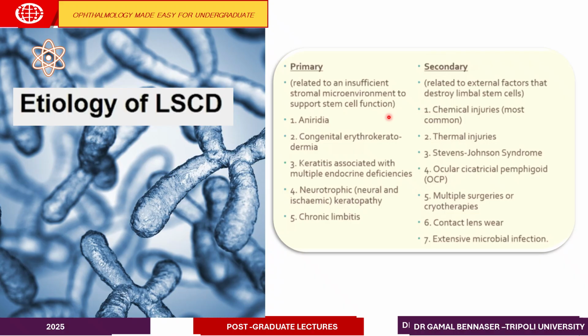There are multiple secondary causes. At the top are chemical injuries, especially acid and alkali injuries, and also other thermal injuries, Stevens-Johnson syndrome, any autoimmune inflammations, contact lens wearers, and extensive microbial infections that lead to damage to the limbal stem cells. So there are plenty of these secondary causes.